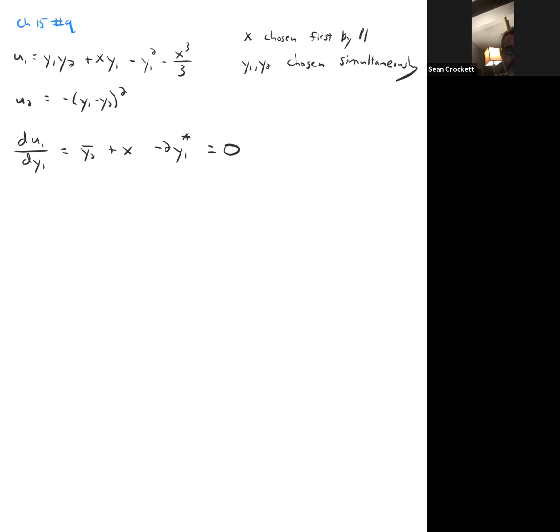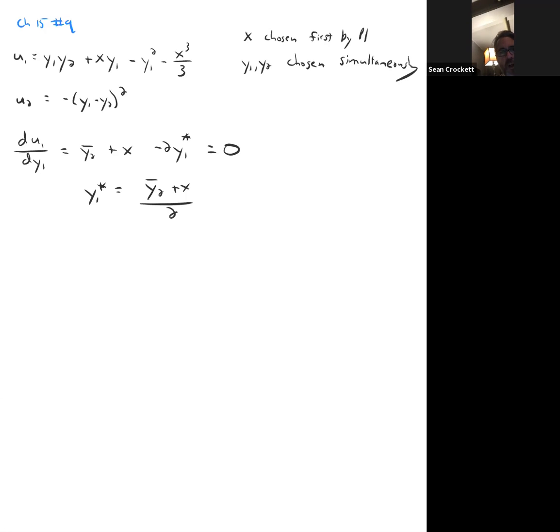Needed. All right. So when you write down the right profit function, the right utility function, this is the derivative. And so we're going to get y1 star equal to y2 bar plus x divided by 2. Okay?